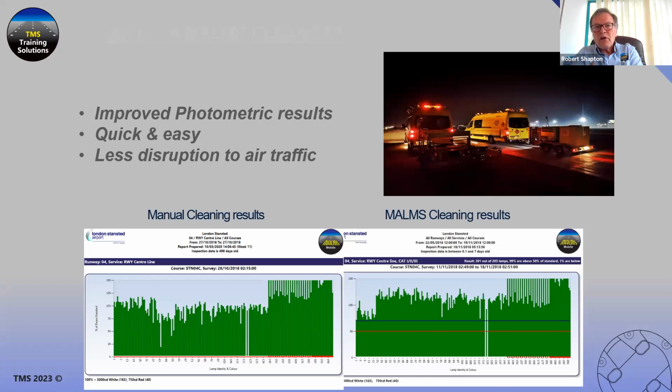But probably for the airport, the biggest benefit is reduced disruption to air traffic, because many of these airports, Stansted as an example, are single runway airports, and it is very disruptive to have interventions which require equipment on the runway. Often, the runways have to be closed for a period to air traffic.